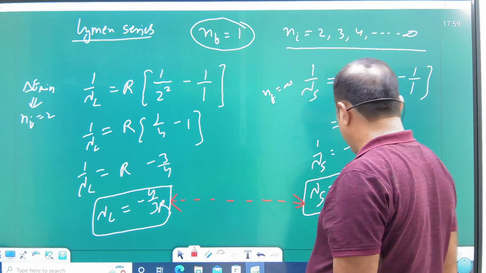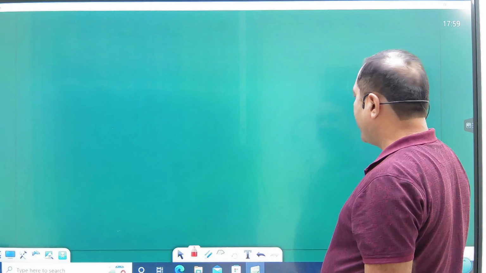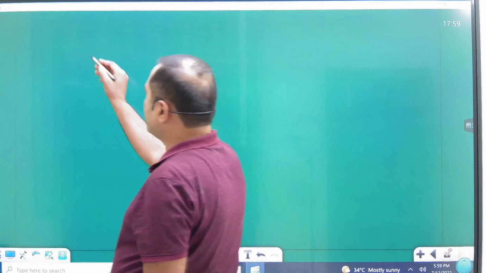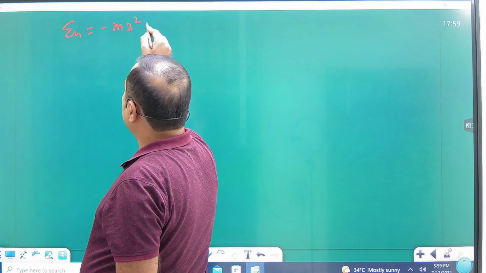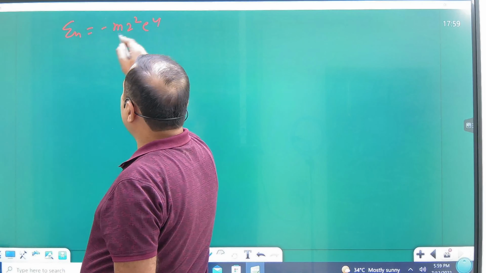One more important thing is the derivation of the energy of the nth orbit. En is equal to minus m Z square e to the power 4 by 8 epsilon square n square h square. This is the total mechanical energy of the electron in the nth orbit. During the derivation, we get the total mechanical energy of the nth orbit as kinetic energy plus electrostatic potential energy.